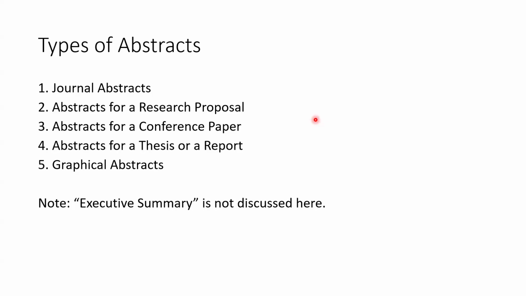If you're submitting to a scientific journal, you'll need a journal abstract. So the journal needs an abstract of about 150 to 200 words, as I told you before. Some journals provide formats. Some provide structured abstracts. I will discuss that later.